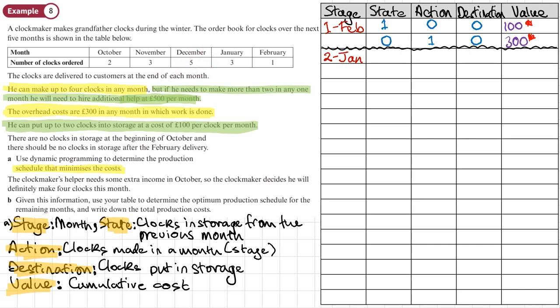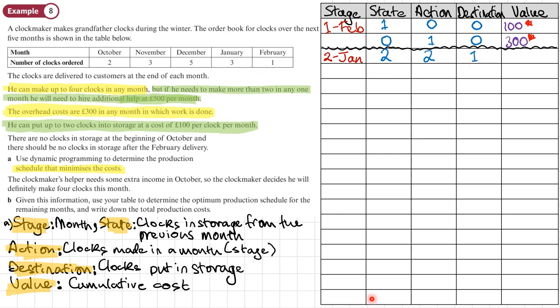We can have more than 1 in storage, so we could have 2 in storage from the previous month. We can make 2 clocks, which means now we have a total of 4, which means we've got enough for January and enough for February. So we'll have to put 1 in storage and then carry that forward to the next month, which means in the next month there is no clock making work to do because you've made enough from the previous month.